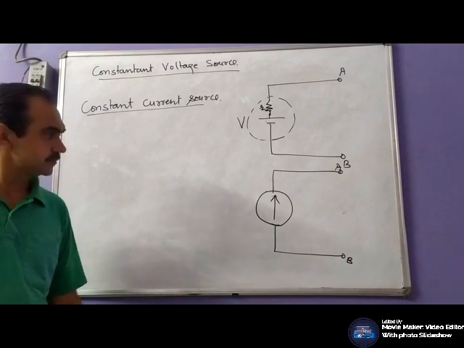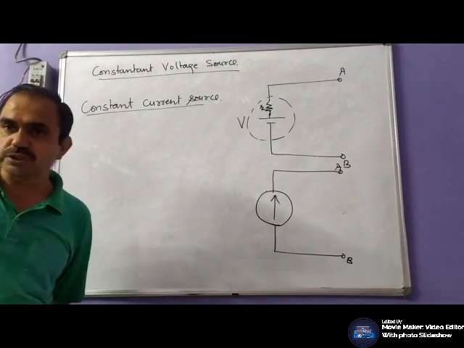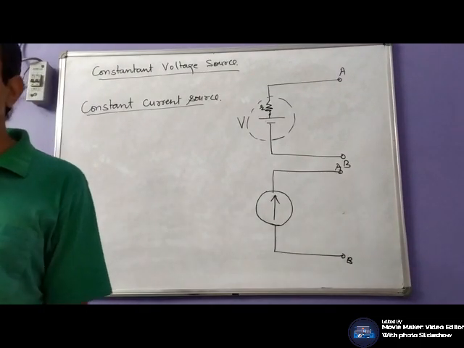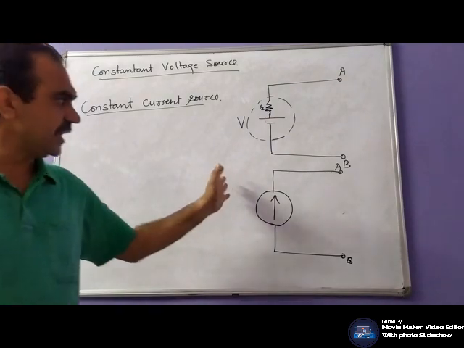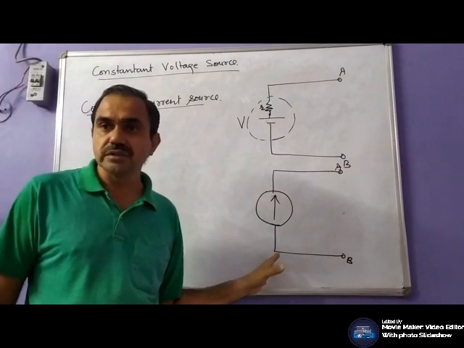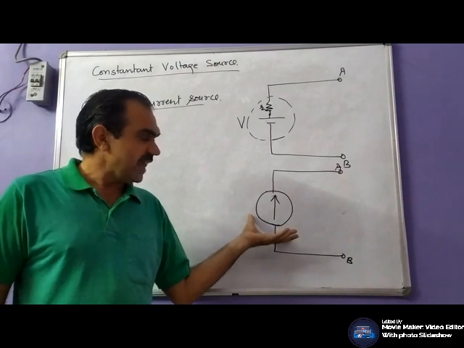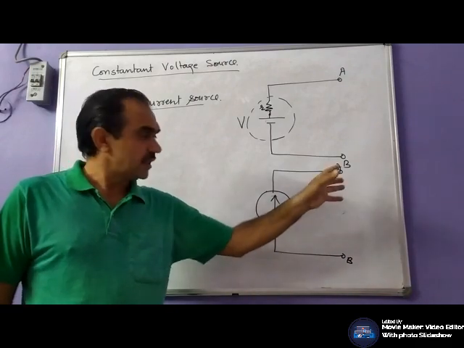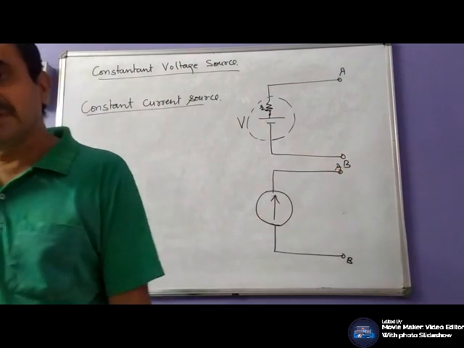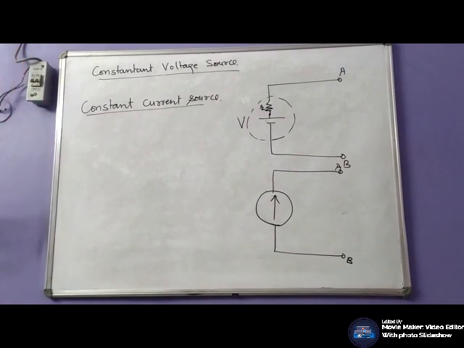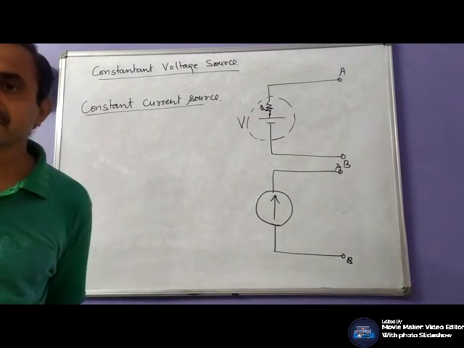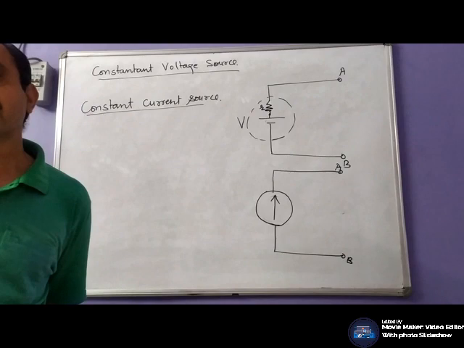Then, is it possible to have an ideal current source? If we have the ideal current source and these terminal resistances are infinite, so what would be the power?